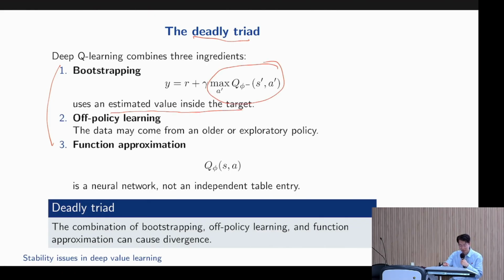Number two, off-policy learning, so data coming from older or exploratory policy, using epsilon greedy and using a replay buffer. And number three, using function approximation as opposed to a Q-table. If you combine all these together, you have what's called a deadly triad. The combination of these can cause divergence, meaning Q values, if you keep applying gradient descent, can converge to infinity.